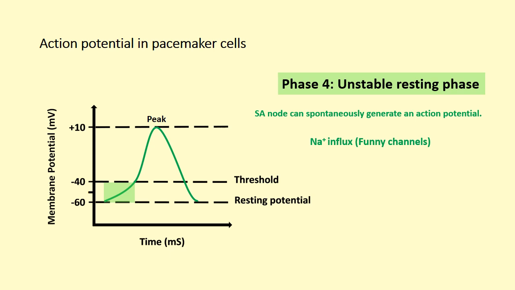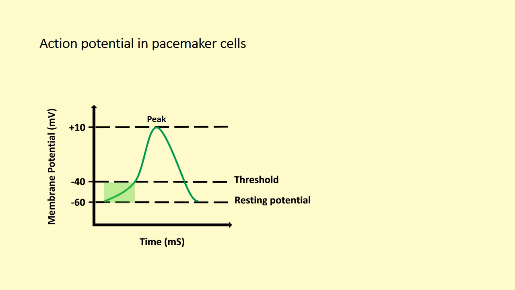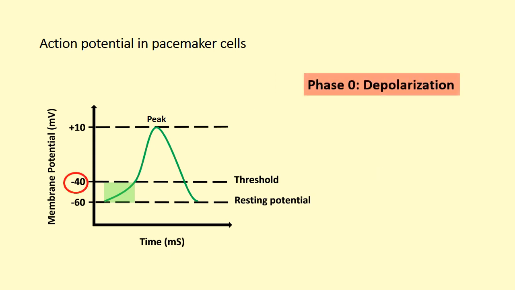When the cell membrane voltage reaches approximately -50 millivolts, T-type calcium channels open and calcium ions enter the cell. After that, at a voltage of around -40 millivolts, L-type calcium channels open slowly, calcium ions enter the cell, and the cell membrane becomes slowly depolarized.